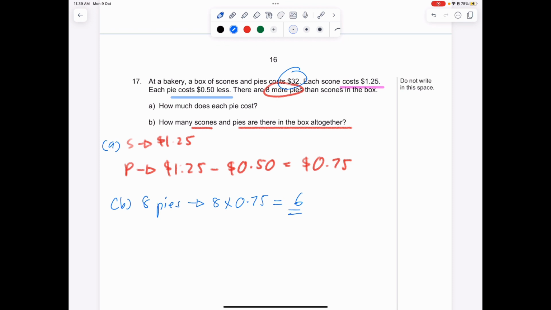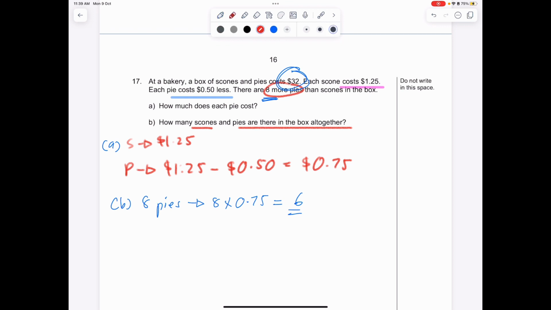Now, a box costs 32, so let's subtract away this $6, because once we subtract away this $6, then we know that the number of pies and the number of scones is actually what? Equal. Because why? They said there were 8 more pies. So if I take the cost of one whole box minus away the cost of the pies that are more, the number of pies and scones will be the same.